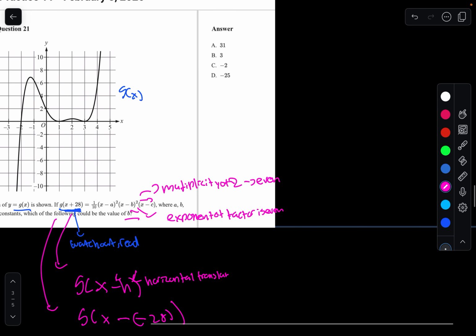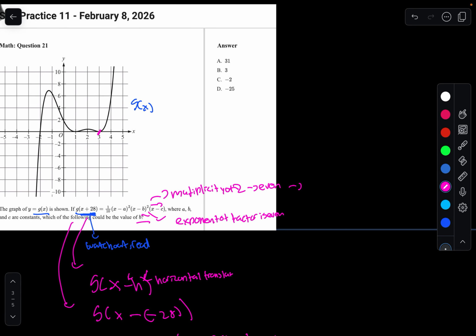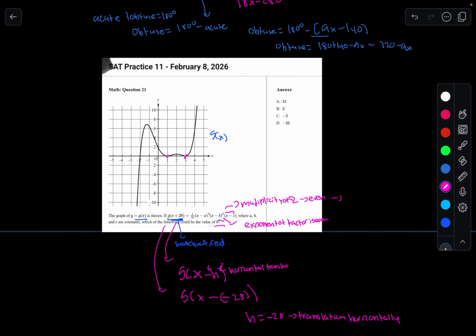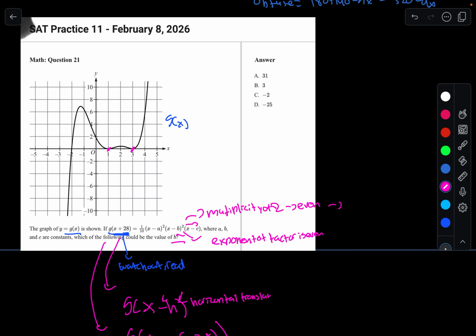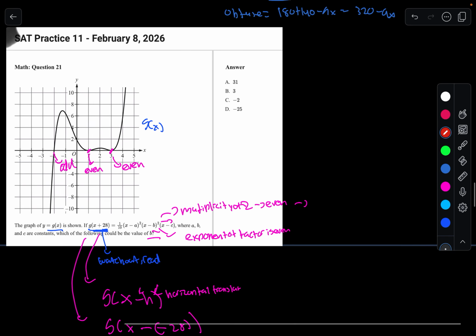What does this mean? This means that it bounces off the x-axis. It doesn't cross like this one, which is odd. These are even multiplicities because they bounce off. They don't cross the x-axis. So it needs to be either one of these two.